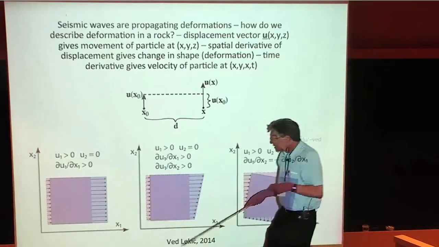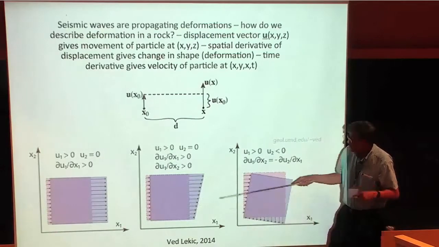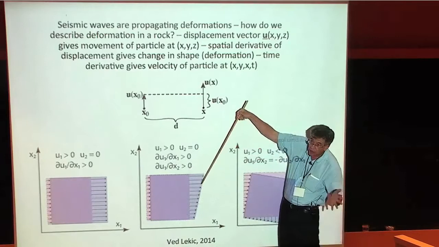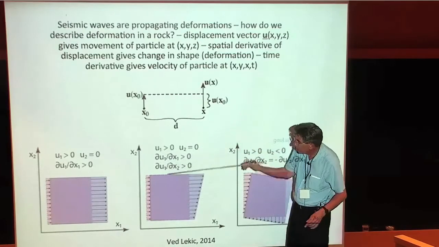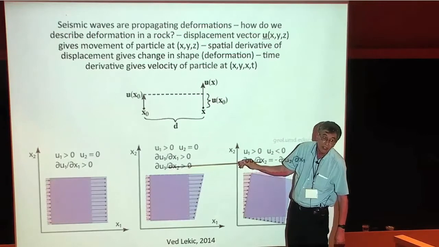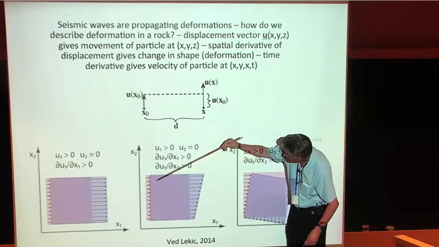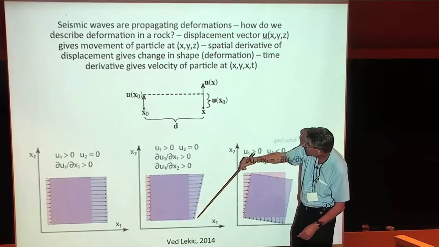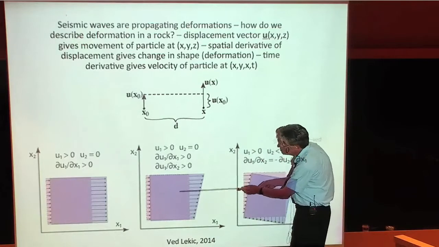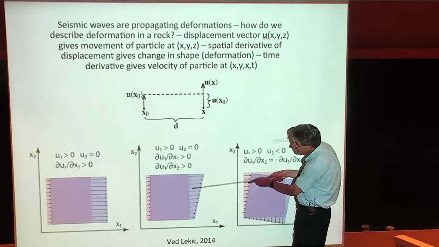Now, you can look at a different situation where, again, we have displacement only in the one direction, no other component of displacement, but that displacement is varying as you go in the x2 direction. So as you go up in the x2 direction, you have larger displacements up here than you do down there.